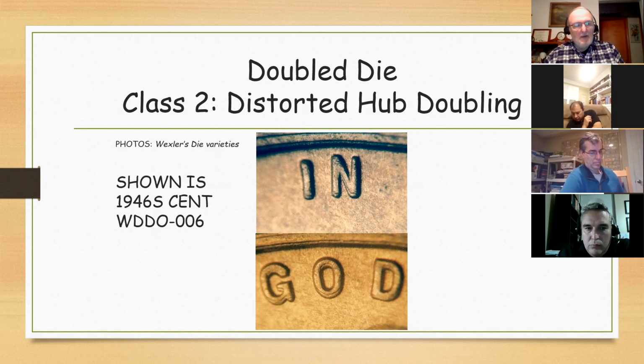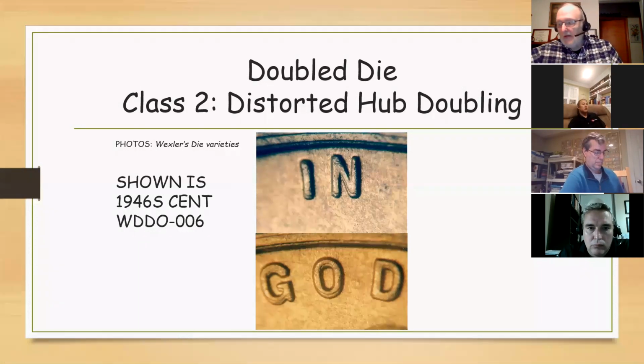Now you have to remember the heat can go up to 1500 degrees or more during the annealing process. So that can really pass the heat along quickly, and since it's solid steel, that will heat up nicely, and then you'll get almost a warping sensation from the coin itself.